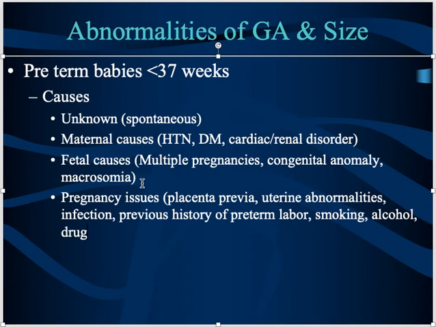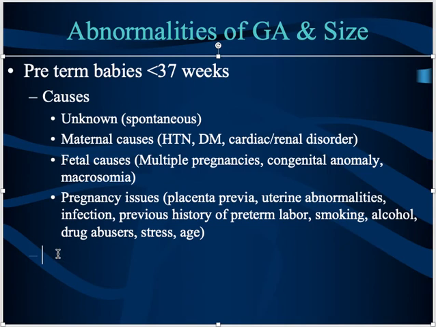Alcohol, drug abusers, like exotic drug abusers, and stress. The age, for example if the mother is very old, more than 35, 40s, late pregnancy simply. All these conditions can lead to premature labor.